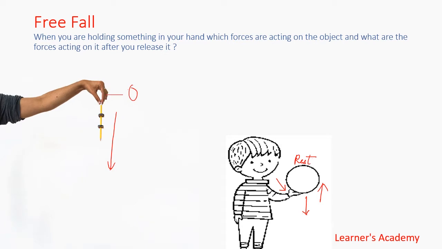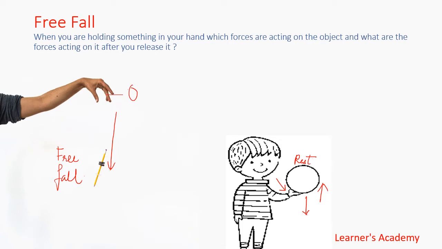So the force of gravity is more here, so it falls under its influence and the pencil starts to fall down. Now this pencil is in a state of free fall, all right?